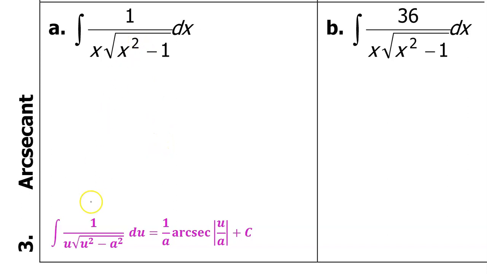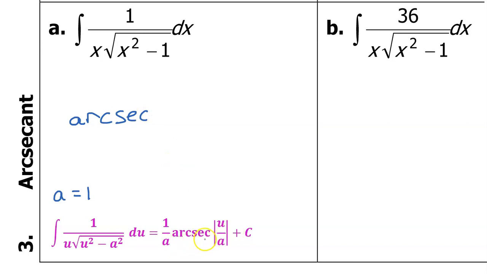In this case, it's just a perfect match for the rule where the a value is equal to 1. Again, the square root of the constant is the a value. So I would write 1 over a, but that's 1 over 1, so I'm not going to write that. I will move on to the arc secant part.